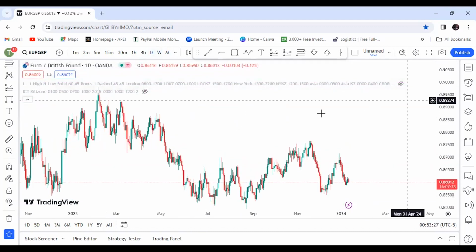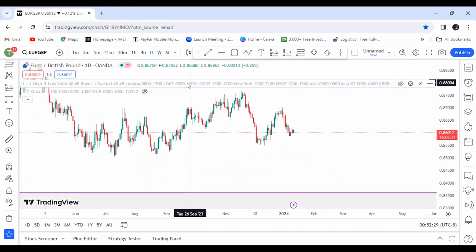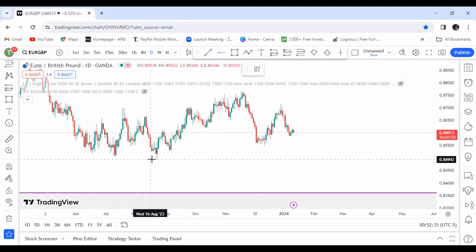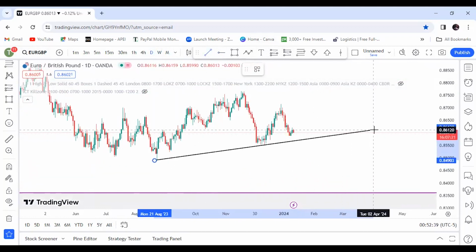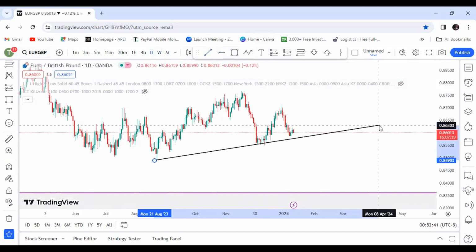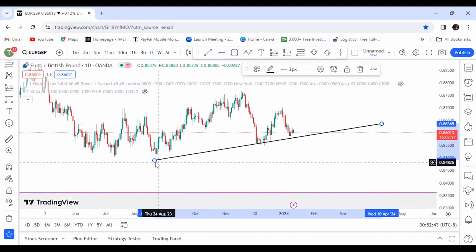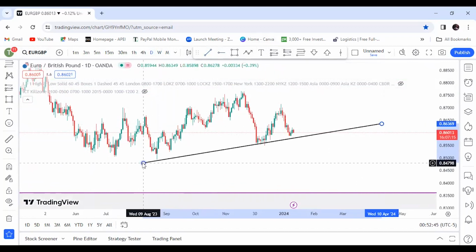We can go to the daily time frame, and from the daily time frame we can narrow the market, and we have this area that we want to look at. So this becomes very critical. It's a very critical area, like you can see.